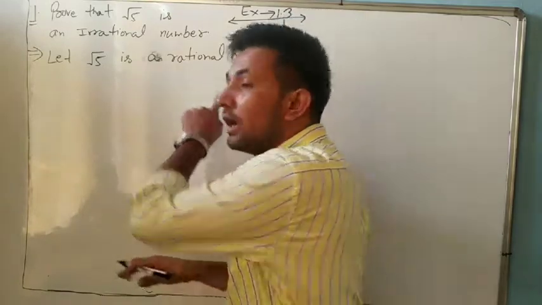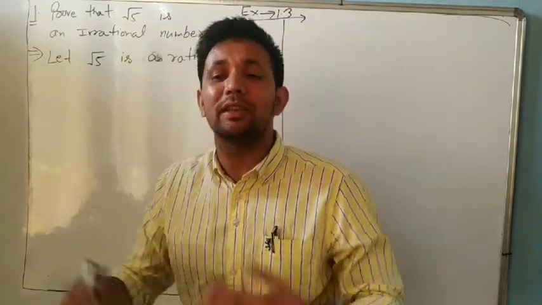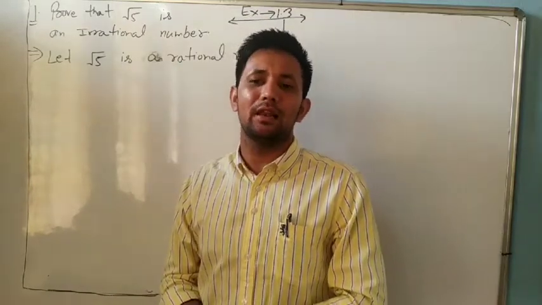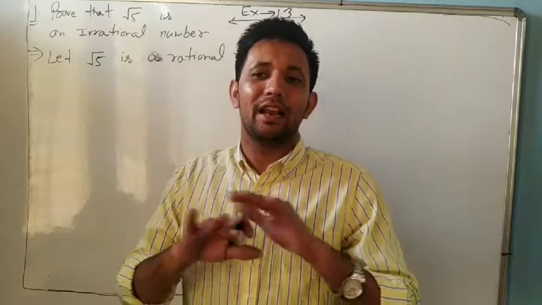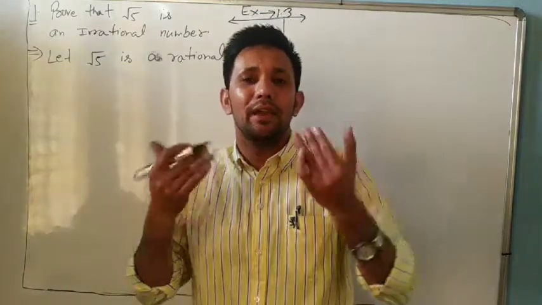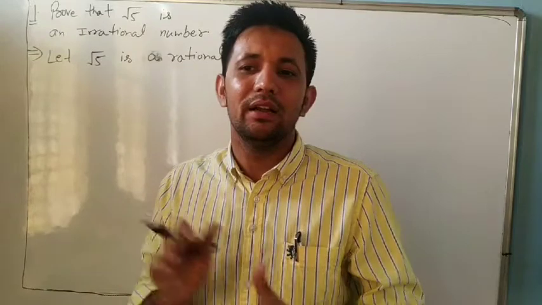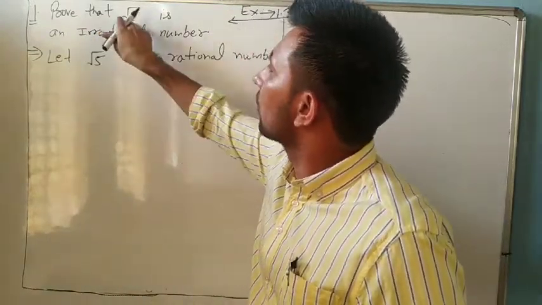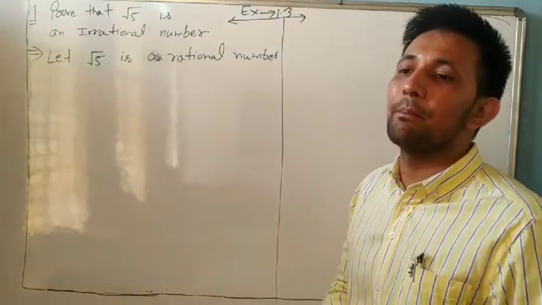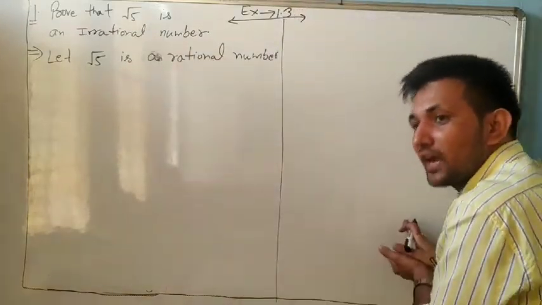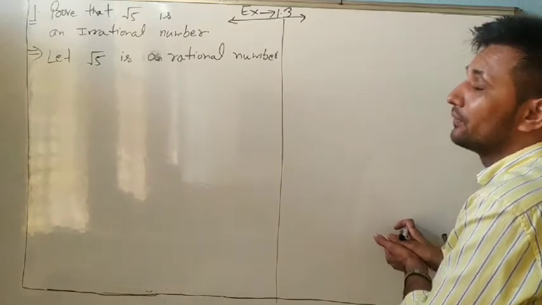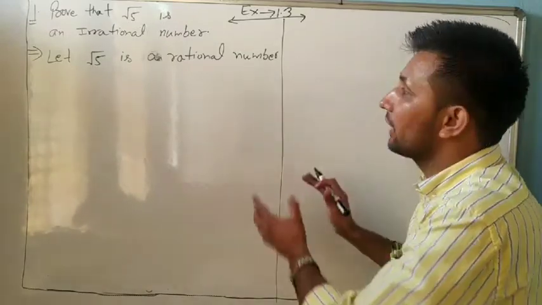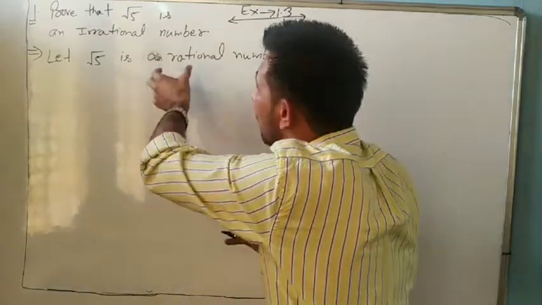And if it is wrong, if a number is not rational, it means it is irrational, because by definition, if a number is rational, it never becomes irrational, and if a number is irrational, it never becomes rational. So in the starting we consider let root 5 be a rational number, and in the last we will prove that root 5 is an irrational number. Note, in the last we will prove that what we supposed in the starting was wrong.